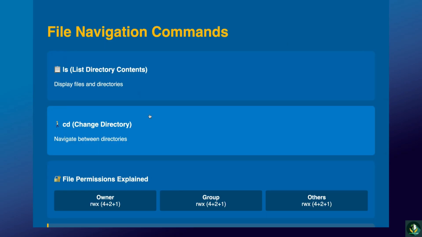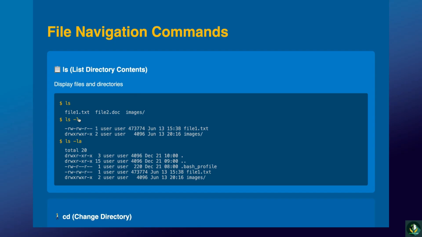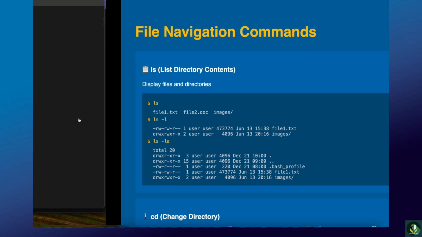For comprehensive file information, the -l option or flag shows detailed attributes including permissions, ownership, size, and modification time. The listing also includes hidden files, those starting with a period, and when using the -a flag, we can reveal them.